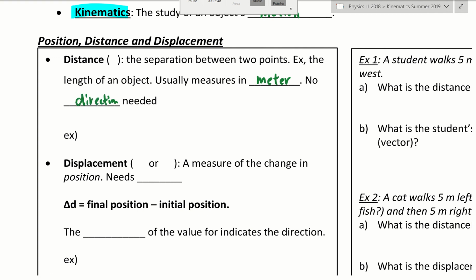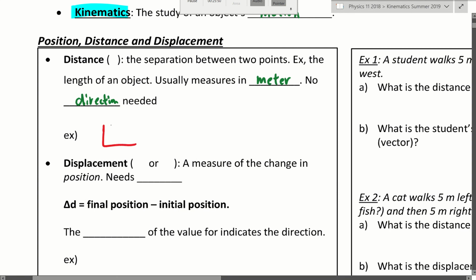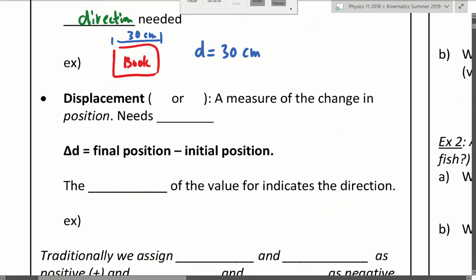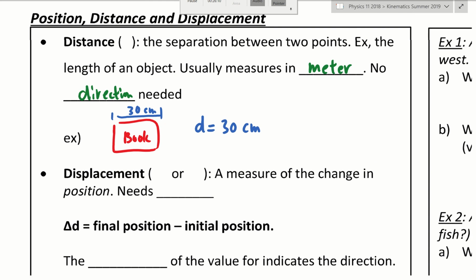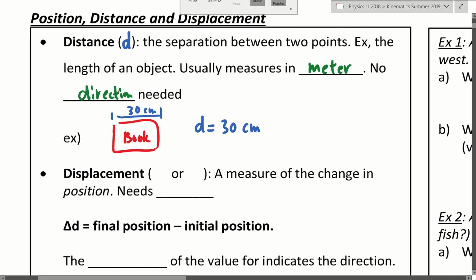Okay, so for example, if you have a book and you measure this side as 30 cm, then that 30 cm is a distance measurement. You don't have to tell people direction. Okay, it's just the dimension of a book. Displacement. So for distance, we use the symbol d, right?